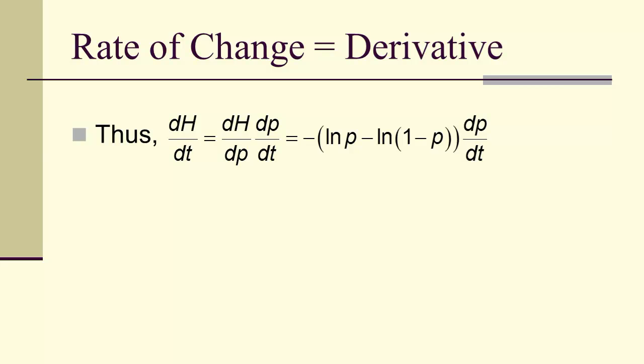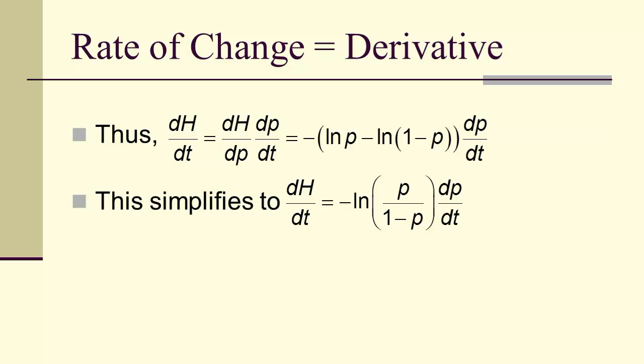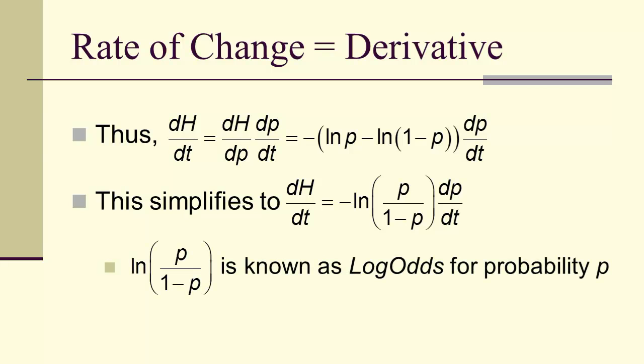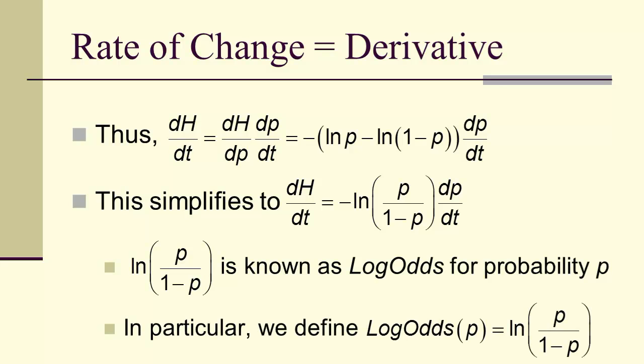So what we've shown is this derivative calculation is going to be of this form, the negative log p minus the log of 1 minus p quantity negated times dp/dt. Of course, we can use a property of logarithms to write this as negative log of p over 1 minus p times dp/dt. The log of p over 1 minus p is known as the log odds for probability p.